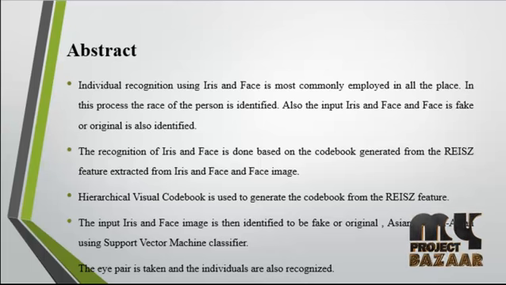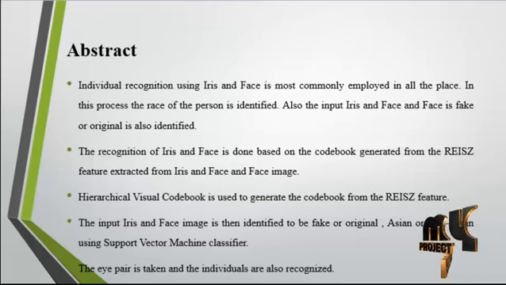At first we give a single input of iris, then we get the pair of the next iris by using feature extraction and codebook generation for the feature. After that, the PCA feature is taken from the face image. These score level fusion features are classified using the multi-SVM, that is support vector machine.